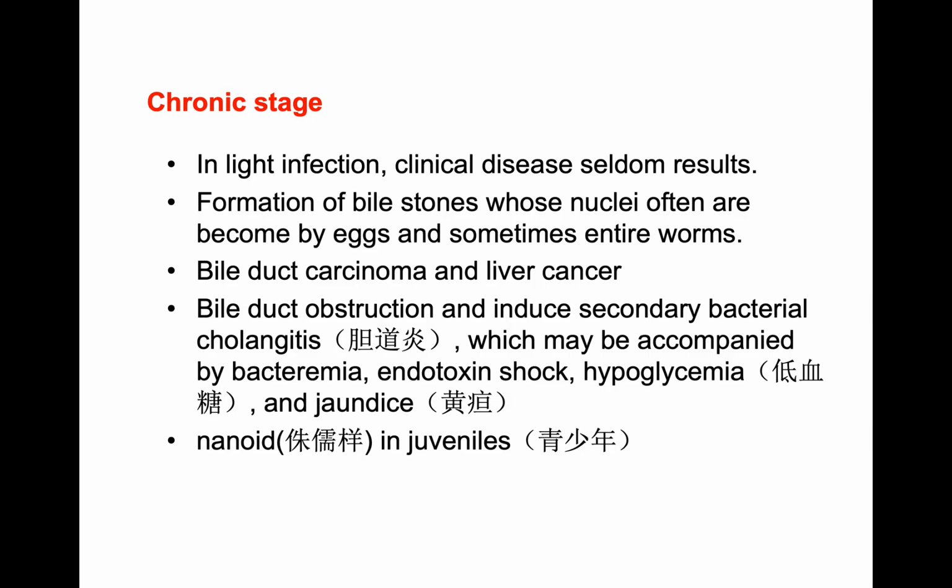And in light infection, the clinical disease seldom result. But if a long-term accumulation, if the patient just continue with the eating habit without showing any change, and there's formation of bile stone, whose nuclei often are eggs and sometimes entire worm, and the bile duct carcinoma and liver cancer, and bile duct obstruction and induced secondary bacterial inflammation, which may be accompanied by bacteremia, endotoxin shock, hypoglycemia, and jaundice.